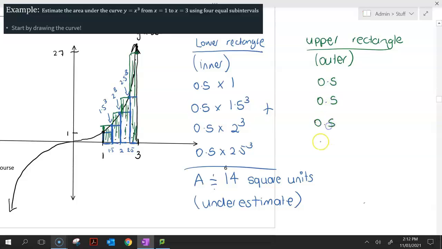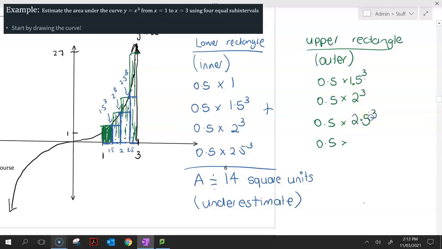Put them all down, 4 rectangles. And the first one is 1.5 cubed high. I'll colour that in so hopefully you can see it. Then the second one, we'll go to the next value, 2 cubed high for the rectangle.